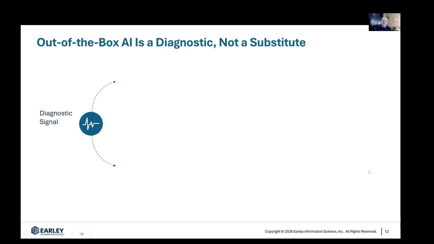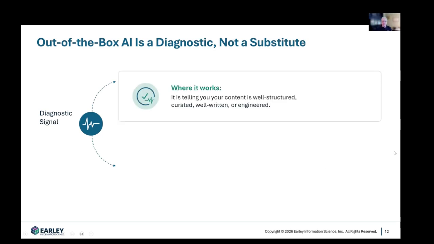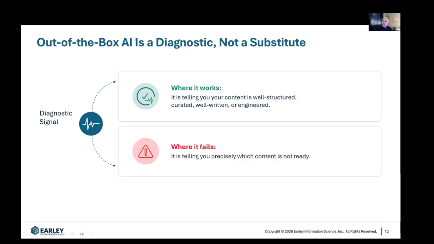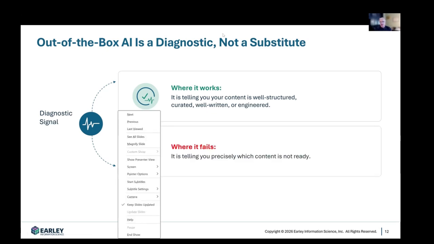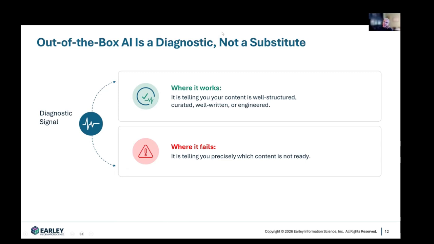So when we think about this, it is a diagnostic. Where it works, it's telling you that your content is well structured, it's curated, it's well written, it's engineered, right? It has all those characteristics. Where it fails, it's telling you where the content is not ready, right? So that's where people start to realize when we get into very nuanced content, when we get into content about support, when we get into content about versions or model numbers or error codes or things that are very precise or specific regulatory requirements, right?